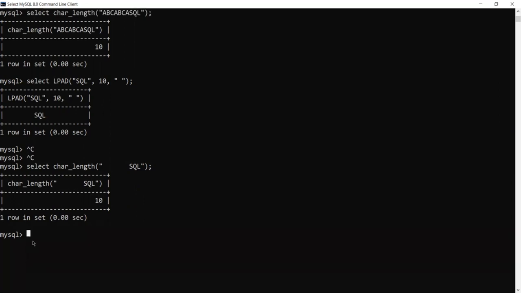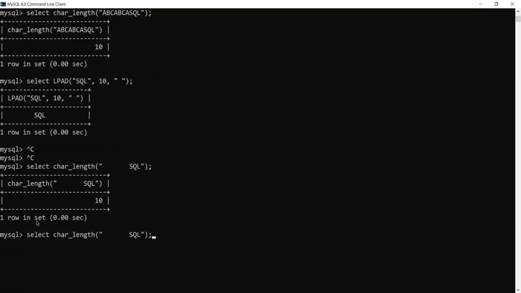Now there are different scenarios where you can make use of this. This is a string function. It generally happens that you want to add some spacing before your database storage or before a particular column. In those cases, instead of manually updating those spaces, you can put an LPAD function on that particular column, and you can automatically add the spaces or any number of characters before your actual word.